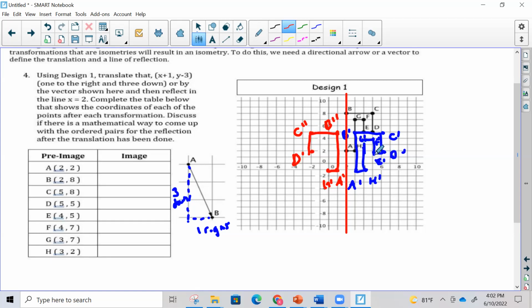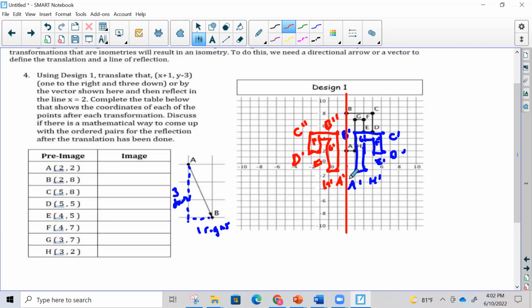E is 1, 2, 3. And so I count 1, 2, 3 on the other side of the line. G is 2 away. So then I'm going to go 2 away for G. And F is 1, 2, 3. So 1, 2, 3. And then this is my final image.